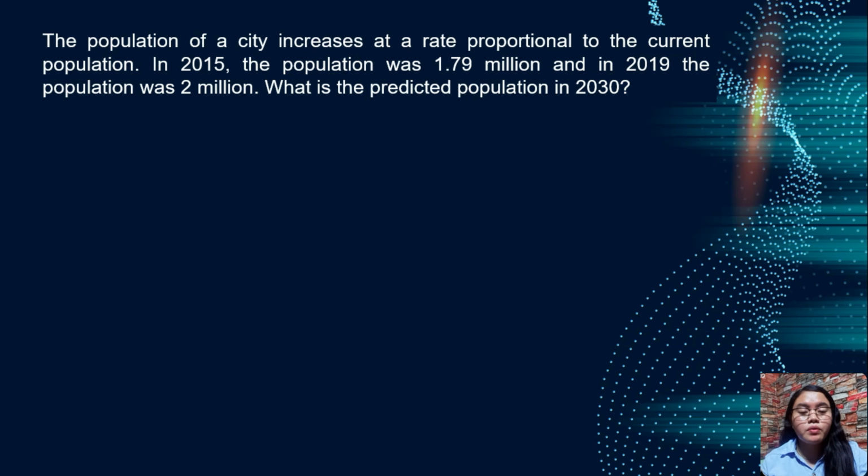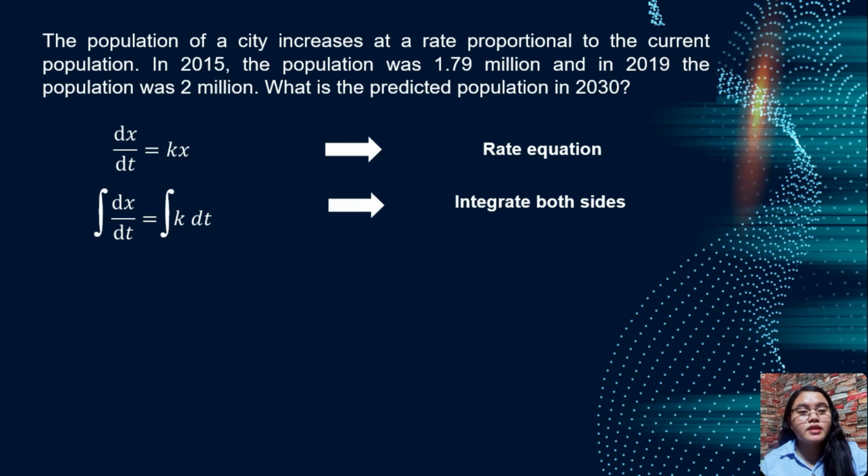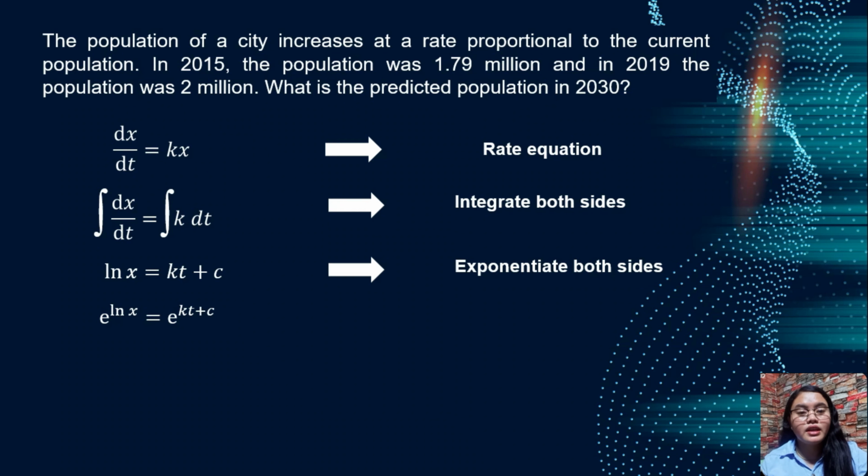So first thing, we will derive our general solution here using our equation, which is the derivative of x with respect to t is equal to kx. And next, we will integrate both sides, having the equation ln x is equal to kt plus c. And exponentiate both sides, so we have e raised to ln x is equal to e raised to kt plus c.